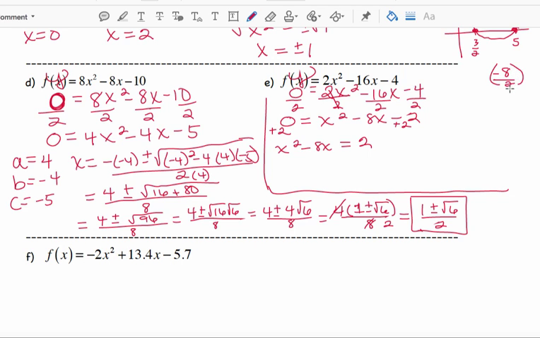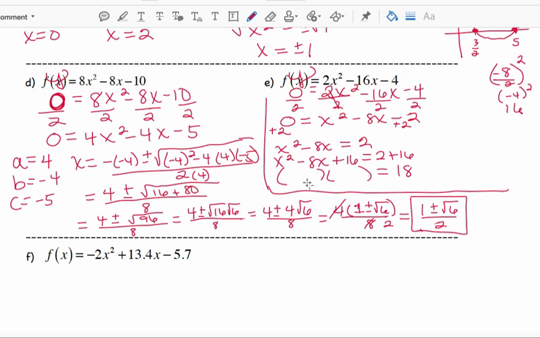So off to the side, I'm going to do b over 2 squared, and you get negative 4 squared, which is 16, and then that's the amount I'm going to add to both sides. So I now have x squared minus 8x plus 16 is equal to 2 plus 16. That makes a beautiful perfect square trinomial on the left side, and on the right side we get 18 when we combine.